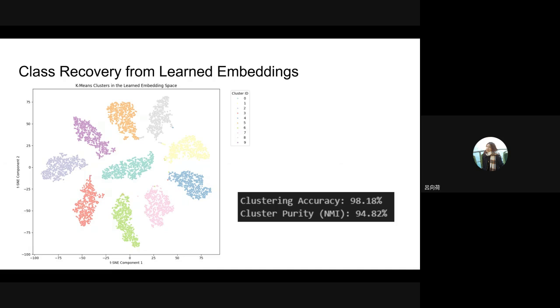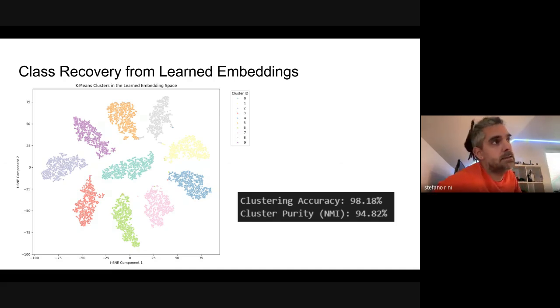NMI is the mutual information, so it's the distribution of the labels inside each cluster. The NMI will go to 1 if you only have 1 label in each cluster, right? So each cluster is pure in the sense that it only contains the distribution of the corresponding digits. Very nice.